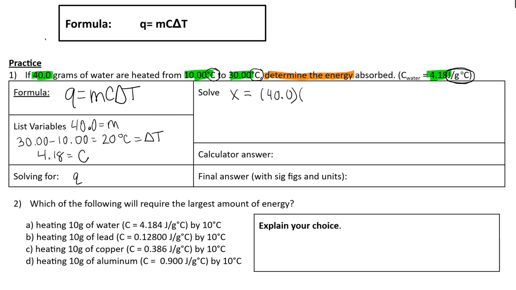Next, I want the C. C is 4.18. Then the delta T I subtracted is 20. So really, all we have to do is multiply these numbers together. Nice and short and sweet. So 40 times 4.18 times 20. And so I get 3344 as my calculator answer.